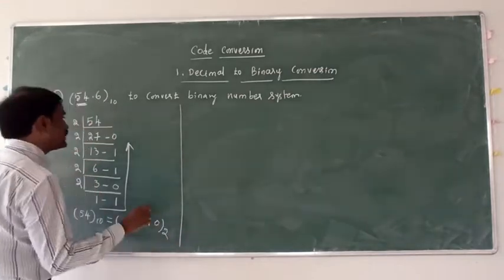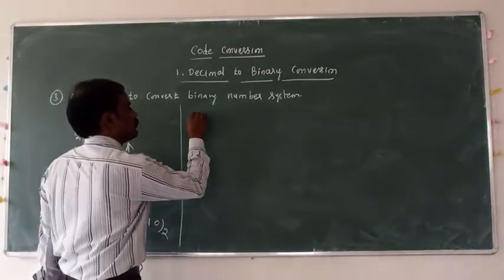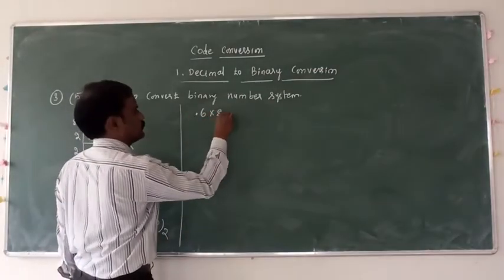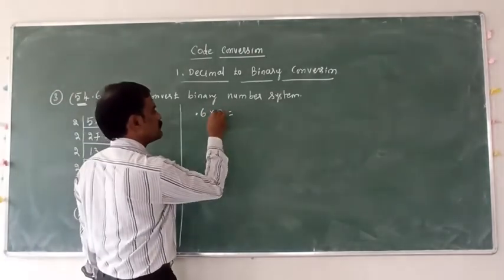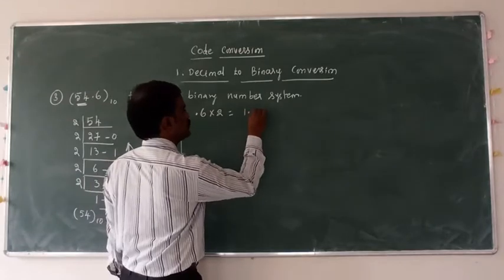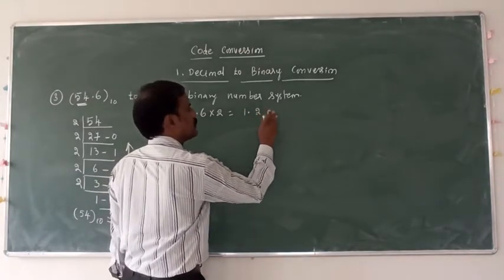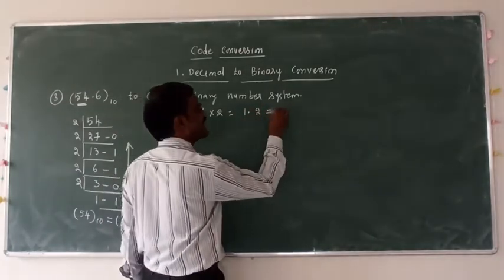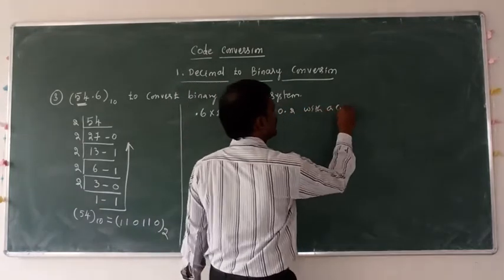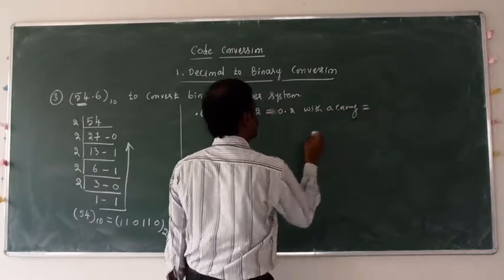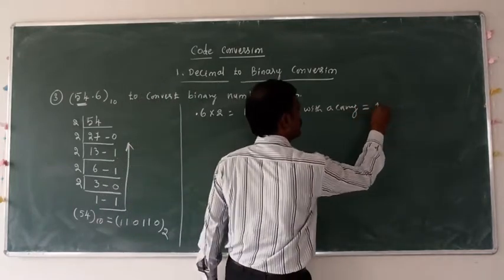And the second one, 0.6 into 2. We multiply this, we get 1.2. Now 1.2, we write the result 0.2 with a carry of 1.